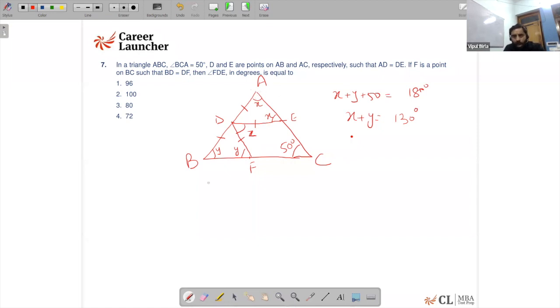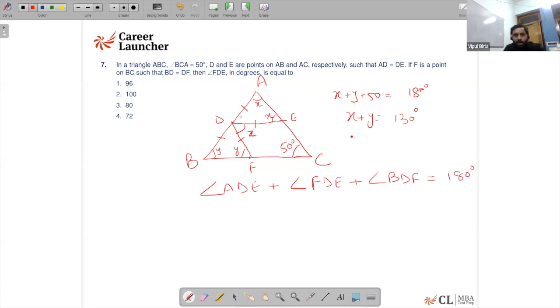So I know angle ADE plus angle FDE plus angle BDF, the sum of all three angles on a straight line, should be equal to 180 degrees.